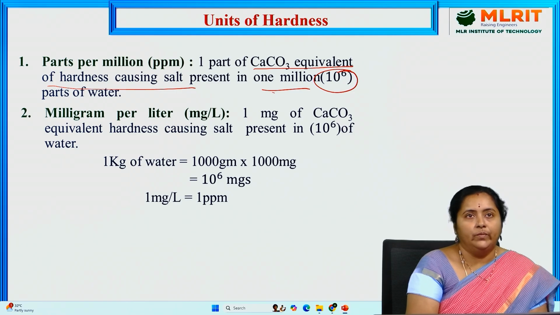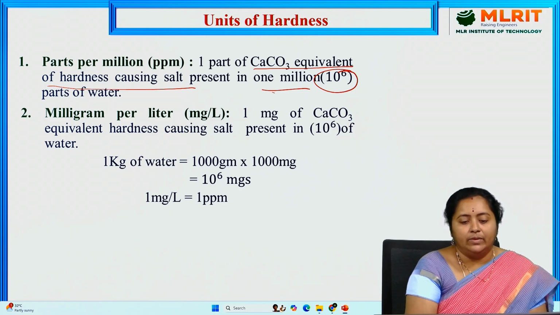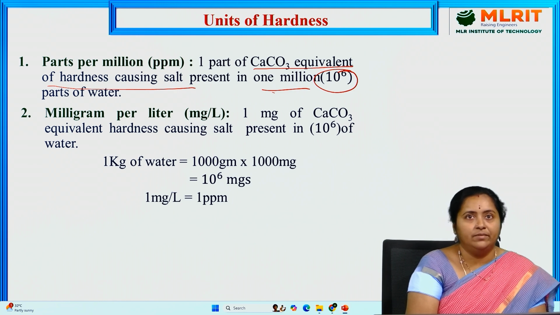So 1 ppm can be defined as 1 part of hardness causing salt expressed in CaCO3 equivalents present in 1 million parts of water, that is 10 power 6 parts of water.